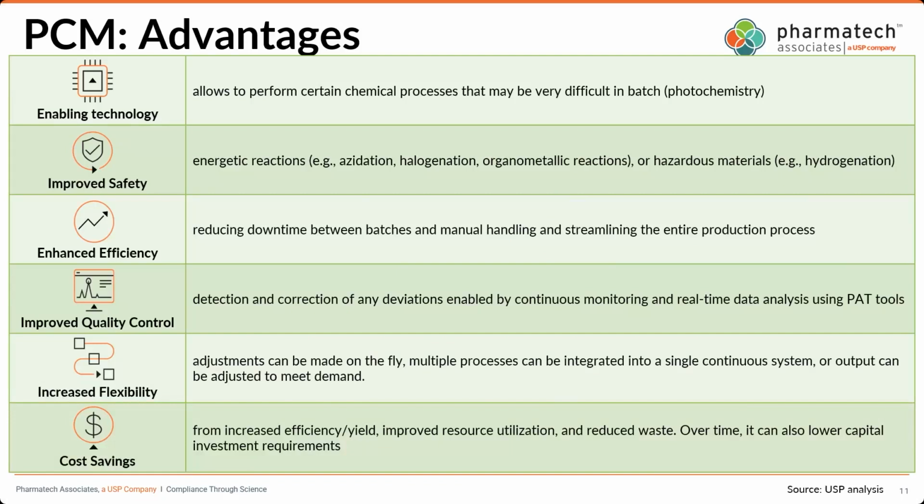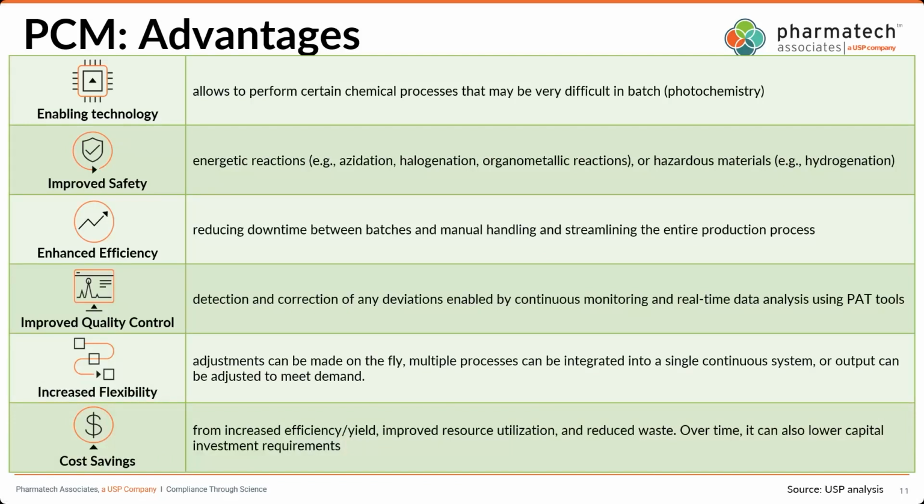Sure. So when we talk about the advantages of continuous manufacturing, we know that continuous manufacturing, or continuous flow chemistry as we call it, has gained significant attention for manufacturers, especially in the pharmaceutical and API industries, for several reasons.